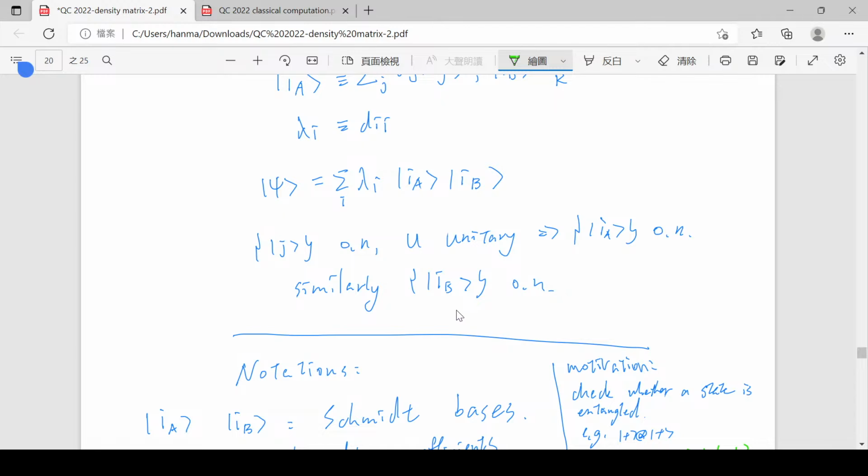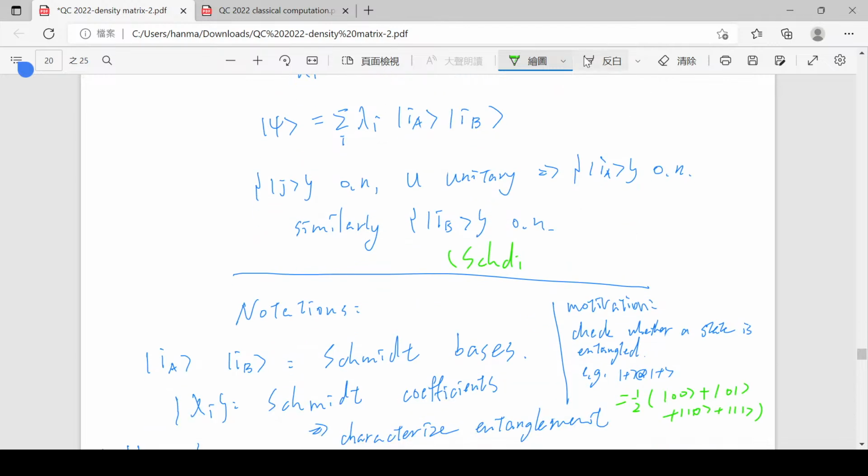Wait, let me think. No, I think this is just unique. We didn't prove this, but this decomposition is unique. So it exists and it is unique.